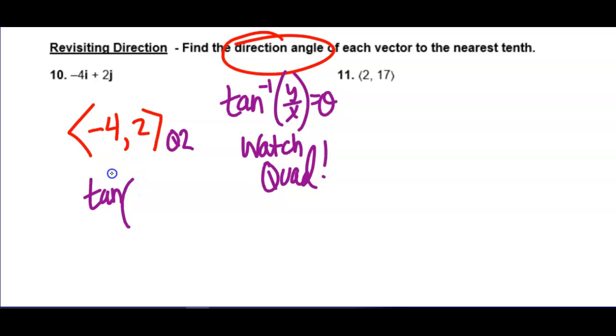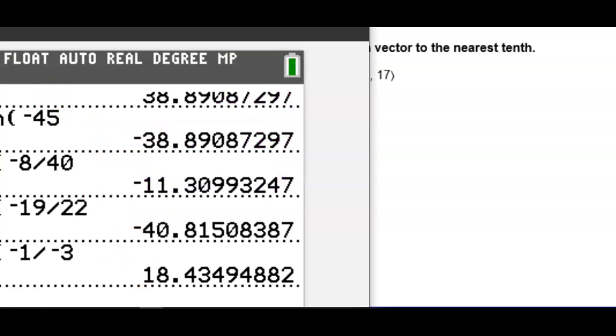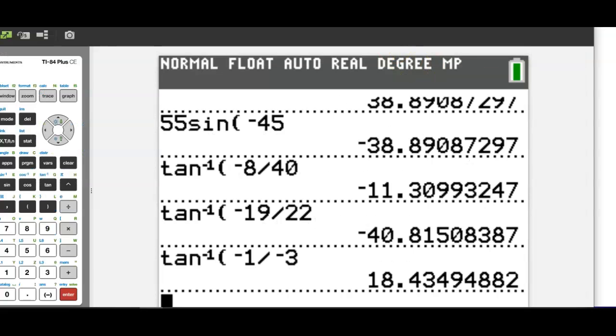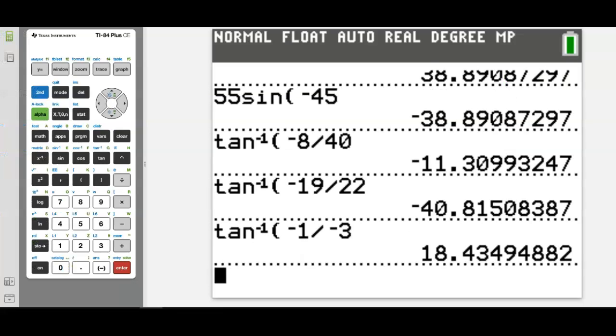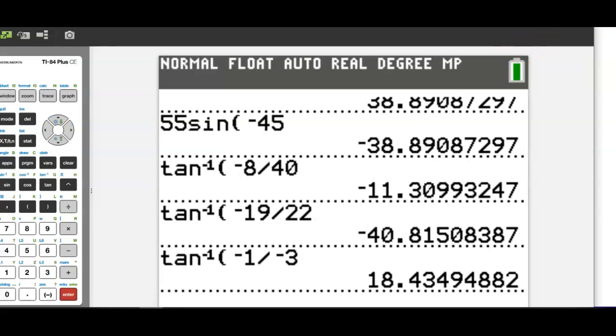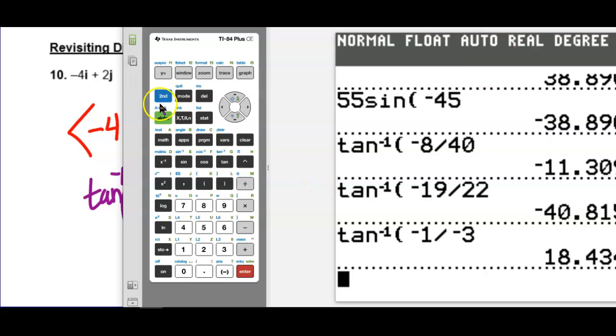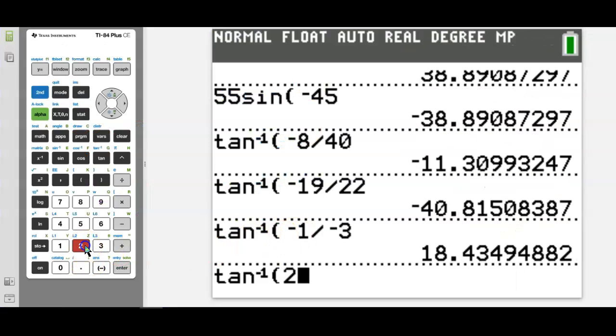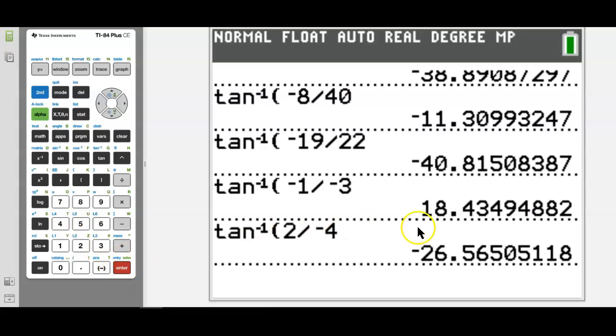When you do inverse tangent of y over x, inverse tangent of 2 divided by -4 is -26.6.